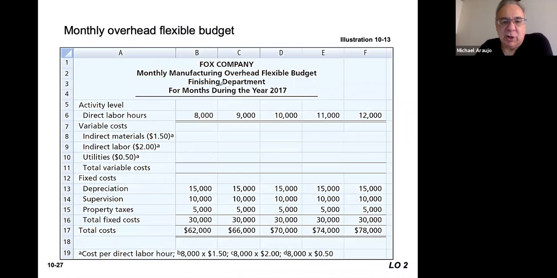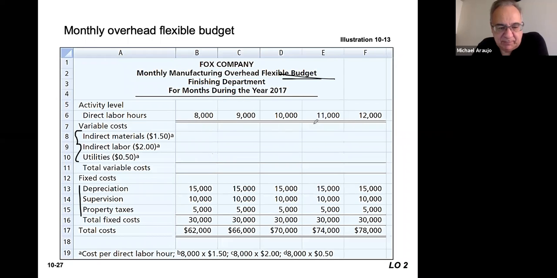Okay. So here is our flexible budget at various levels of labor hour activity: 8,000, 9,000, 10,000, 11,000, and 12,000. Again, your fixed costs are the same. We don't have to worry about that. What we're worrying about is calculating the differences in the variable costs when we have all these labor hours.